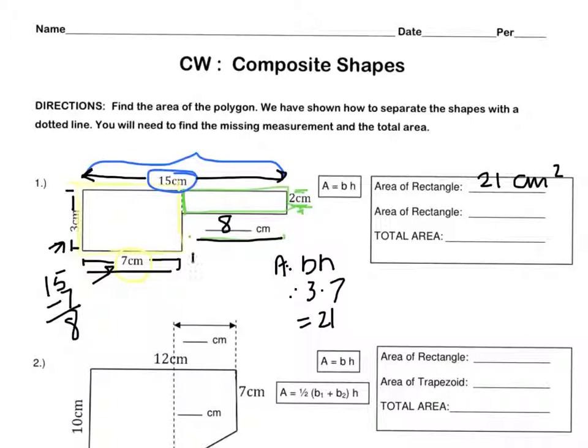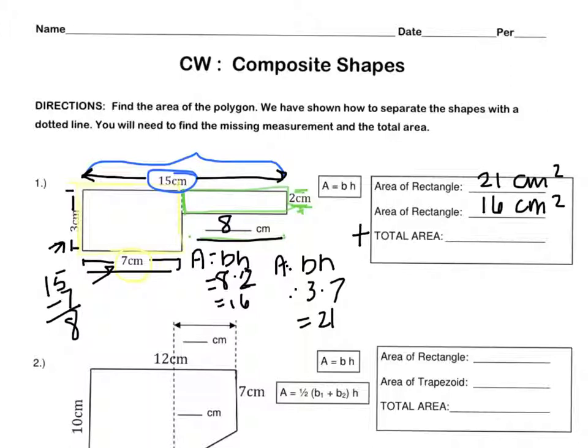So let's do that one. We have area equals base times height, which is 8 times 2. And remember, you can write multiplication several ways. On my iPad, it's a little easier to write it with a dot. And that would equal 16. And so over here we would have 16 centimeters squared. So what I'm going to do with this one is add.